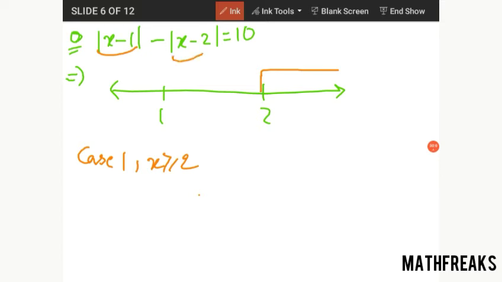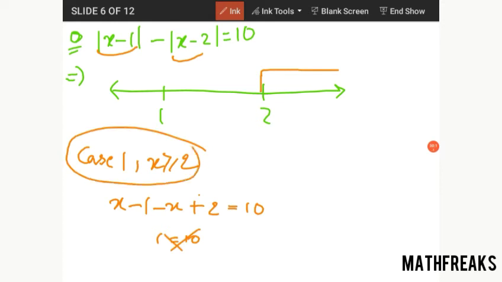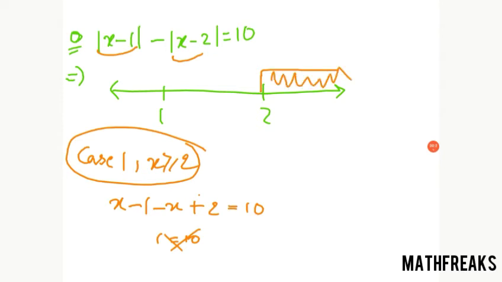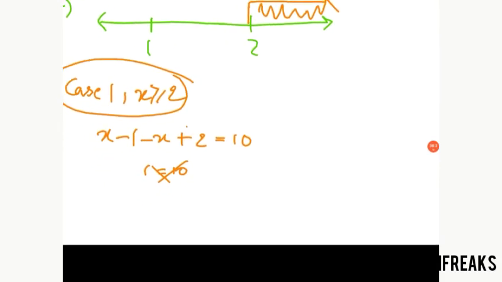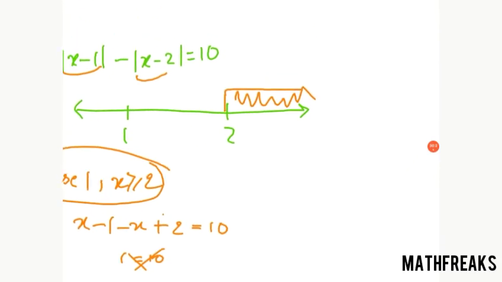This one is also positive, so x minus 1 minus x plus 2 is equal to 10. So obviously 1 is equal to 10, so x will definitely not belong to this region, correct? This region is not where the values of x will lie.